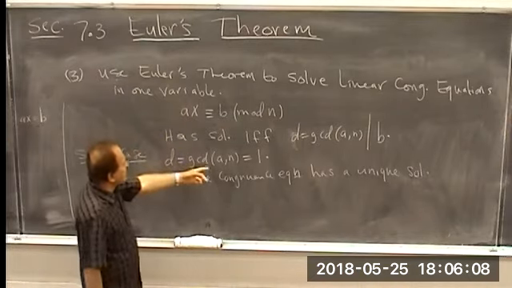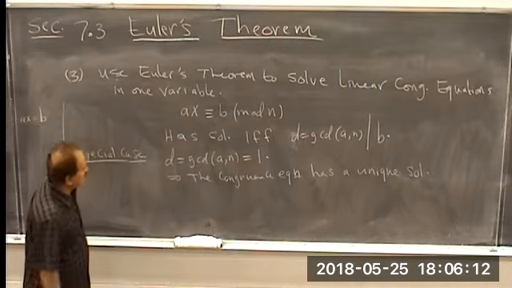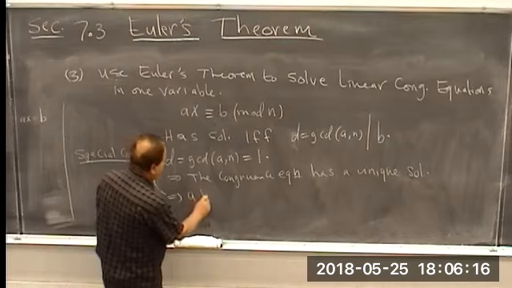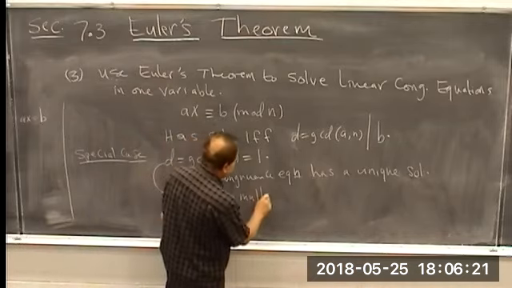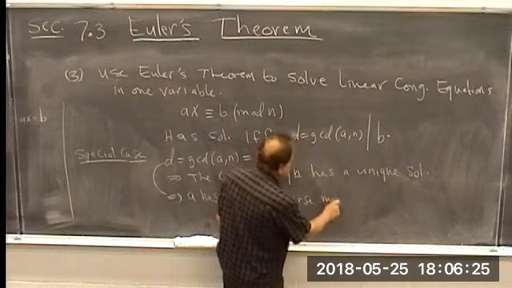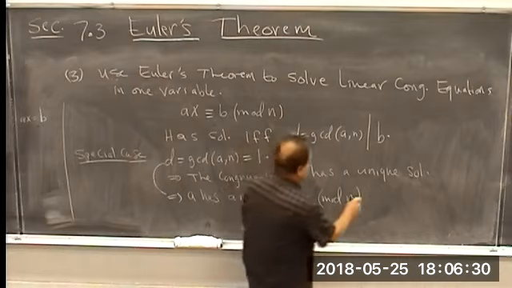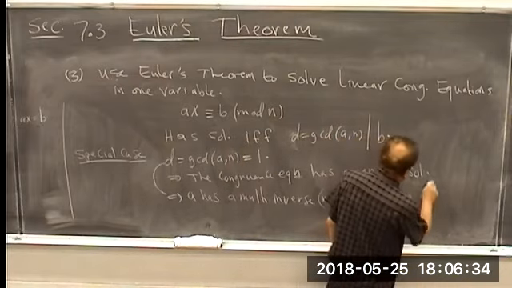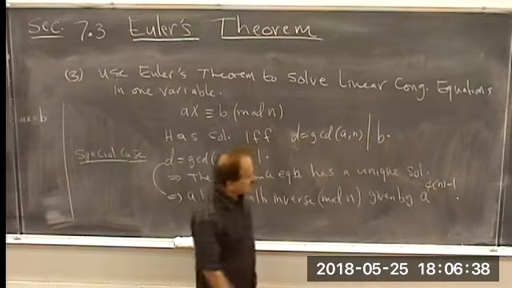Now, since a and n are relatively prime, this implies that a has a multiplicative inverse mod n, given by a to the phi of n minus 1. That's what Euler's theorem is telling us.